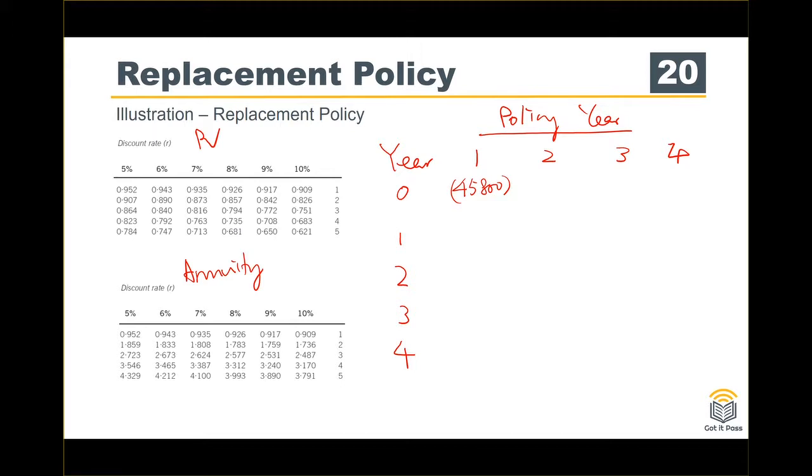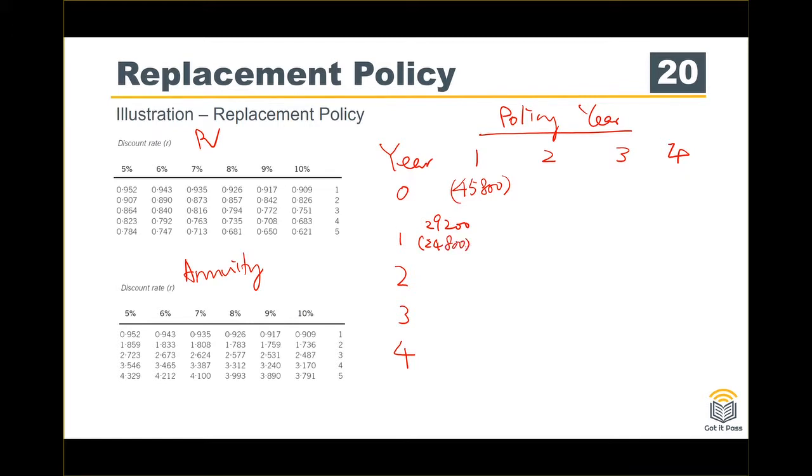What's the sales value, or the money that you can get after the first year? You can get 29,200, right? But you have to pay the operating expenses and also the maintenance cost. So altogether it is 24,800.